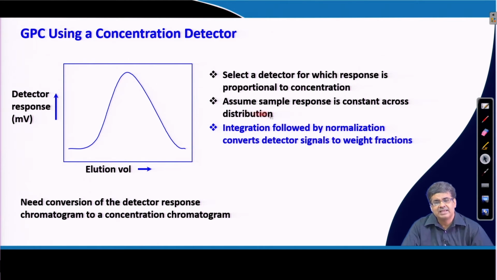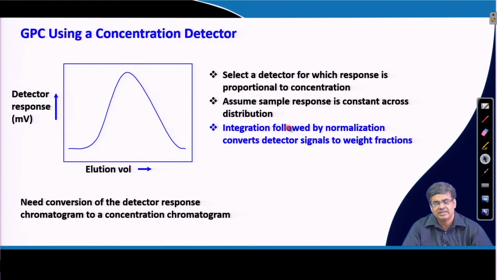If these two conditions are met, then weight fraction can be obtained by finding out the area of each slice and then dividing each slice by the entire area under the curve.